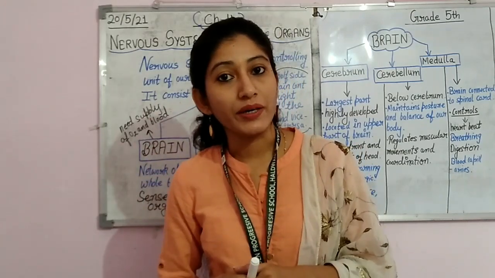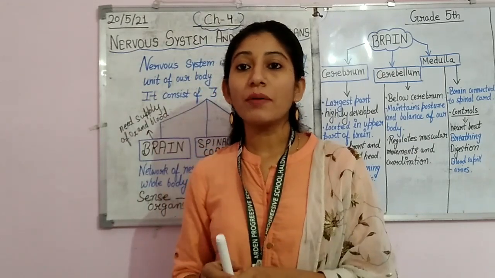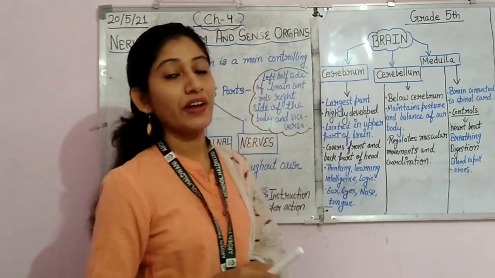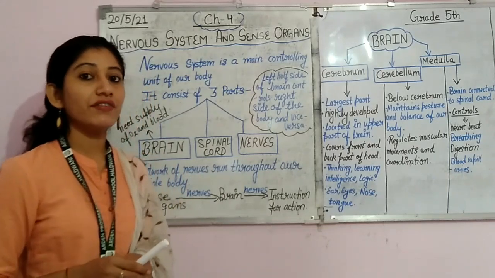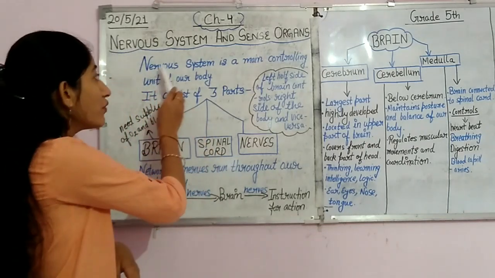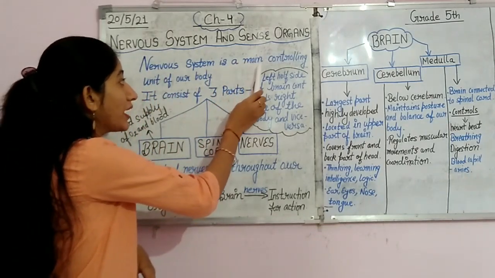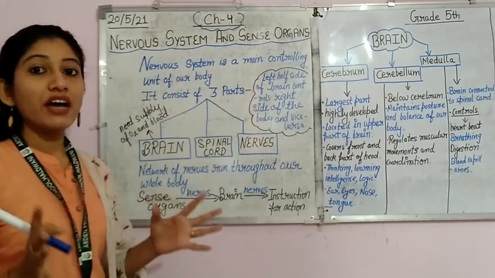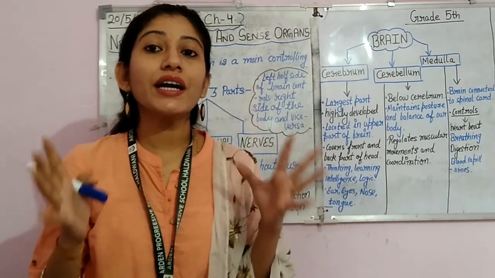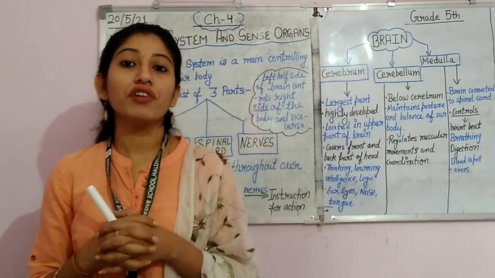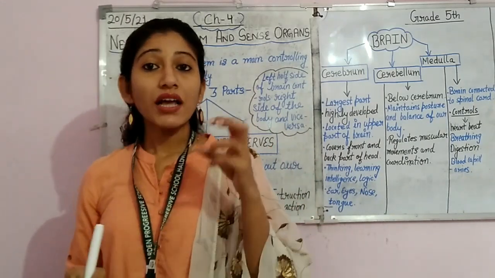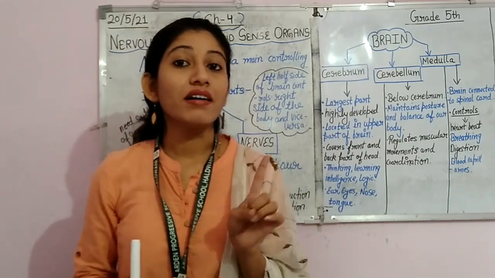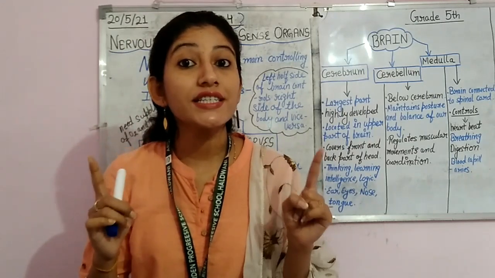So when we talk about the nervous system, we find that the nervous system is the main controlling unit of our body. See, I am not saying nerves, I am saying nervous system.